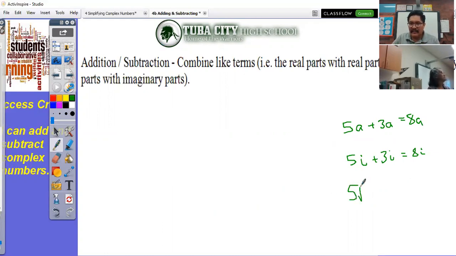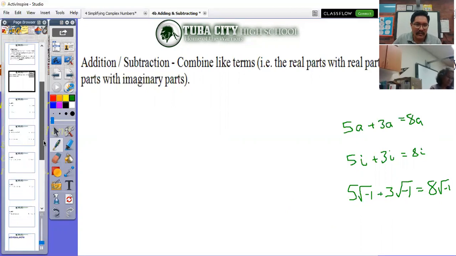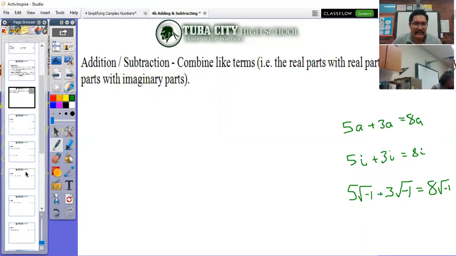If I did it the other way, it would be a little more confusing and involve a lot more writing. Something like this is a lot easier to work with than something like that. You could remember that radicals can also be combined, but this makes way more sense. So that's one more reason why we use radicals like that.